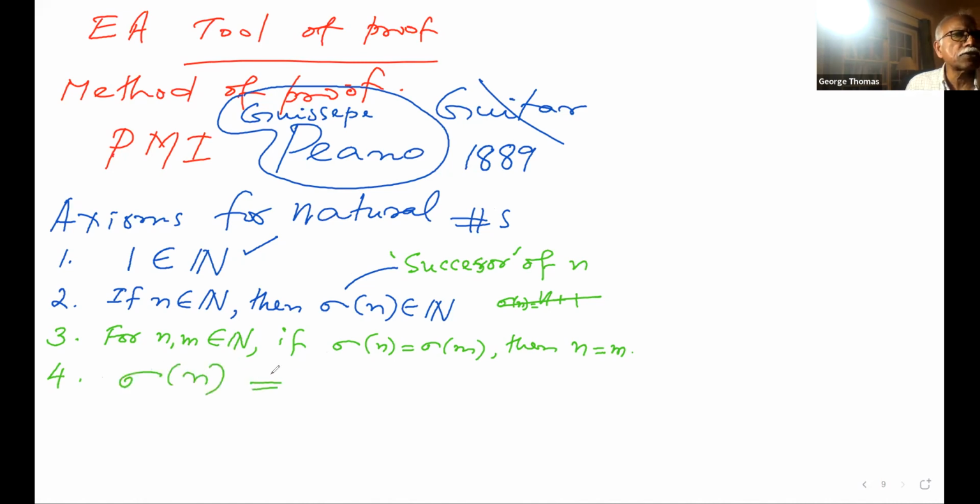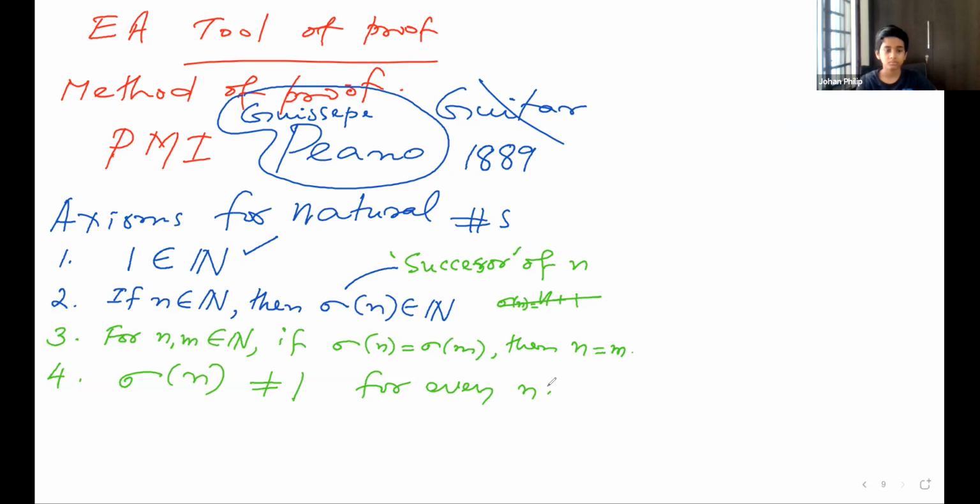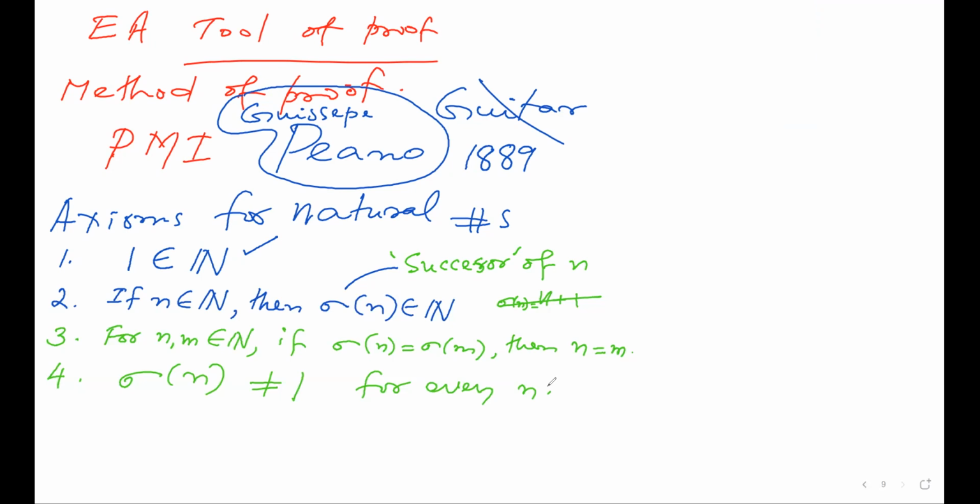Sigma n is not 1 for every n. That's a strange one. Sir, that means n is greater than or equal to 1? Sigma n is not 1. That's all it says. There is no greater than or anything yet.